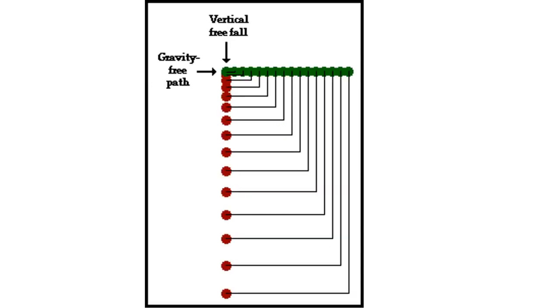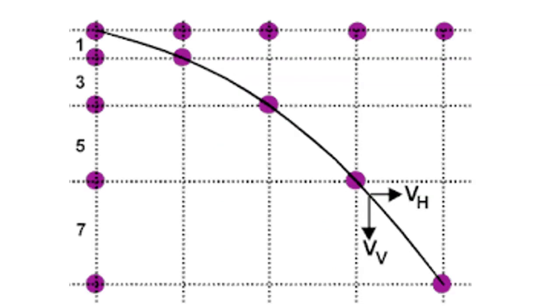Okay, so this is just another slide that shows gravity free path and the vertical free fall. So constant velocity versus accelerated motion. This is a closer-in snapshot, and this picture will come forward, because here is a look at the two independent components: the velocity in the horizontal or x direction, and the velocity in the vertical or y direction.